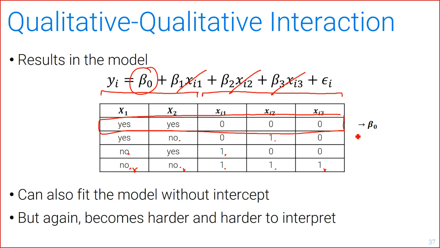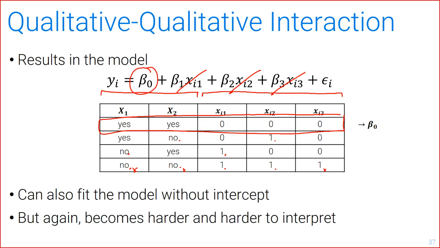It's again modeling one specific combination of the factors. And again, we could also fit the model without the intercept, but that would be adding yet another dummy variable, and it becomes harder and harder to interpret as we add more and more variables. But again, the case that I want you to see here is that if we want to model the interaction between categorical variables, we just add one dummy variable per combination of the 2.